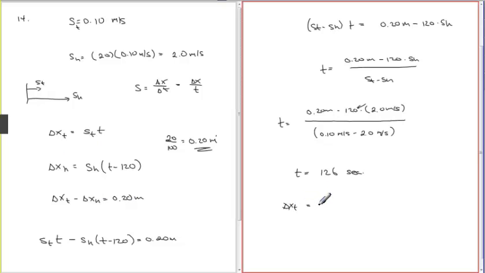The distance the tortoise travels is the speed of the tortoise, which is 0.10 meters per second, multiplied by the time, which is 126 seconds. Seconds cancel out. That leaves us units of meters. And so 0.1 times 126 is 12.6.